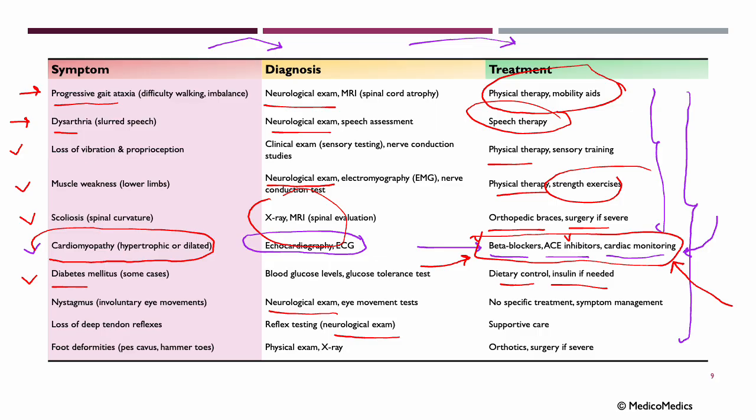Same with diabetes mellitus. Having unregulated blood glucose levels can be fatal, but because we have insulin, we have ways to treat diabetes. We can manage these if they are identified early.